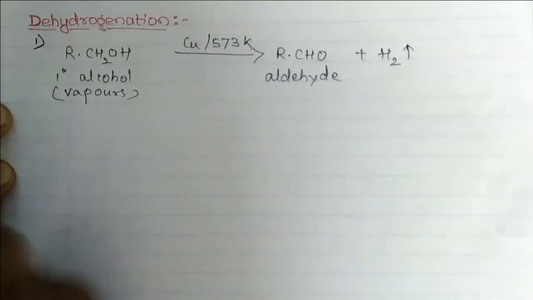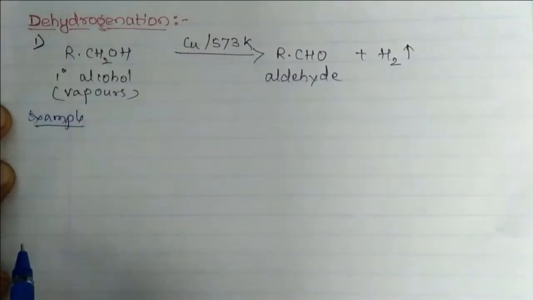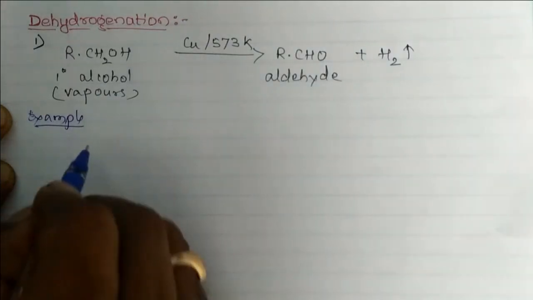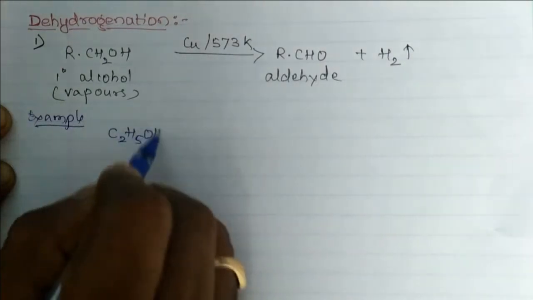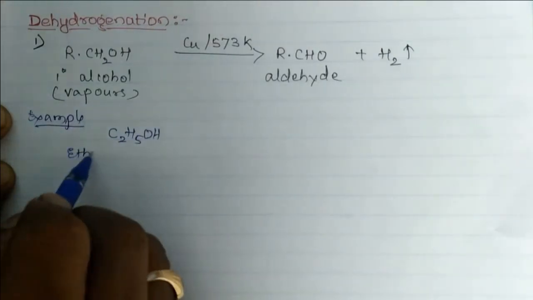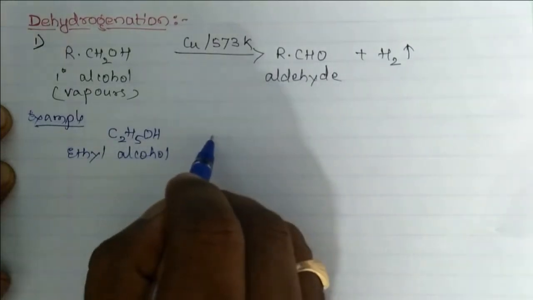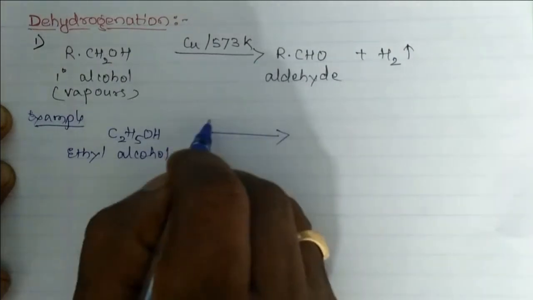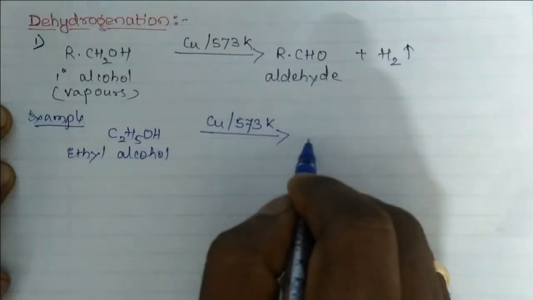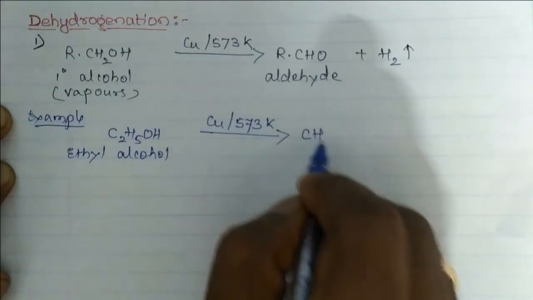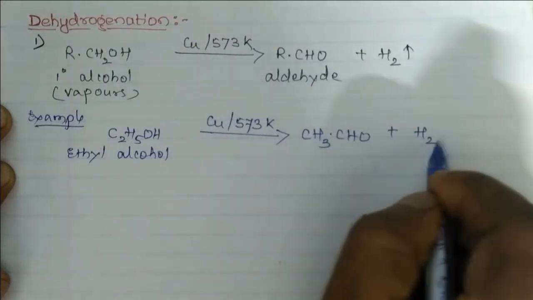Now let us see the example. When vapors of ethyl alcohol, C2H5OH, a primary alcohol, are passed over copper catalyst maintained at 573 Kelvin or 300 degrees centigrade, you are going to get CH3CHO, acetaldehyde, plus hydrogen gas.